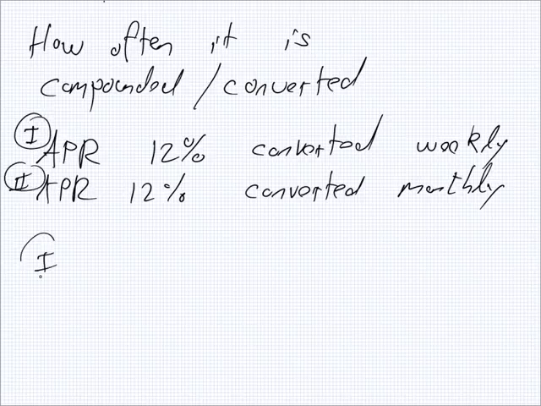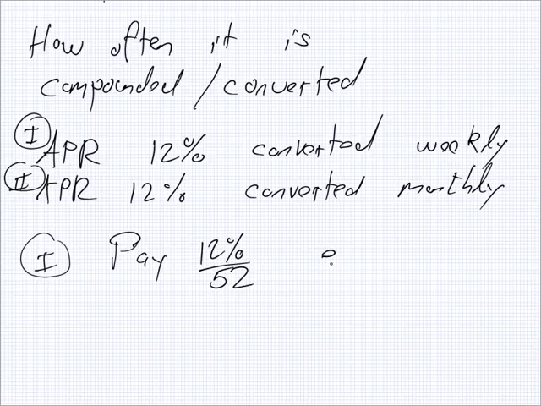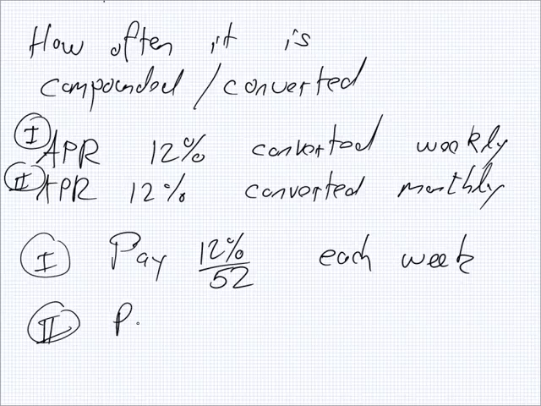Bank 1, what they're saying is they pay 12% divided by 52 each week. And then Bank 2, they say they pay 12% divided by 12 each month.